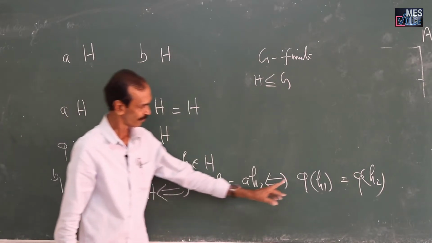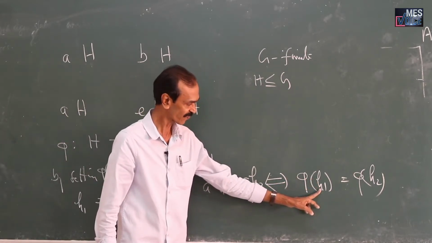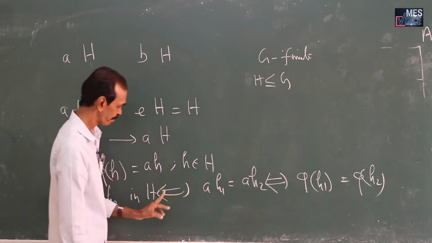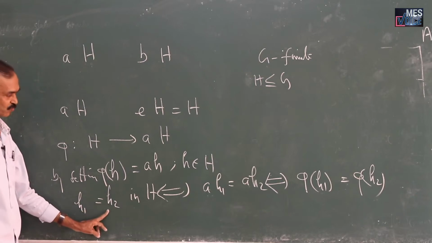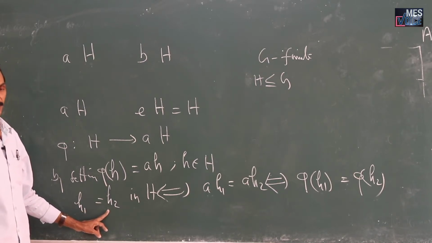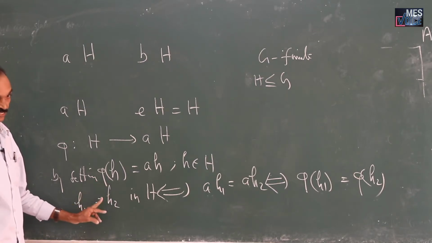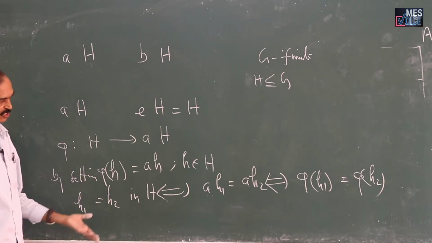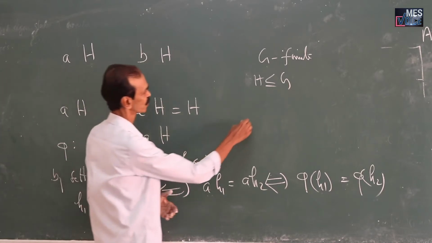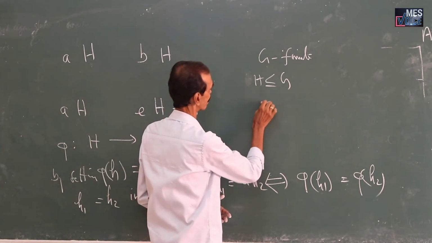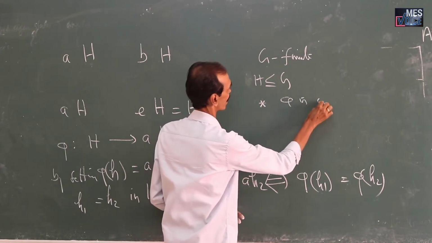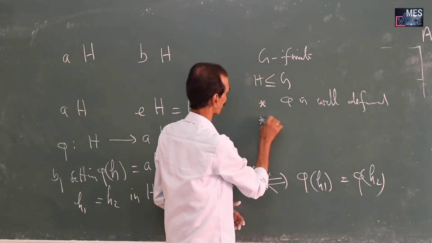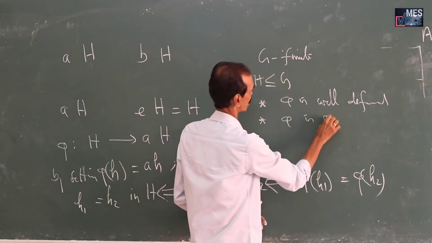Hence, phi of h1 equals phi of h2 implies ah1 is equal to ah2, implies h1 is equal to h2 by left cancellation law. And what does it say? This means that phi is 1 to 1. So, one, phi is well defined, two, phi is 1 to 1.